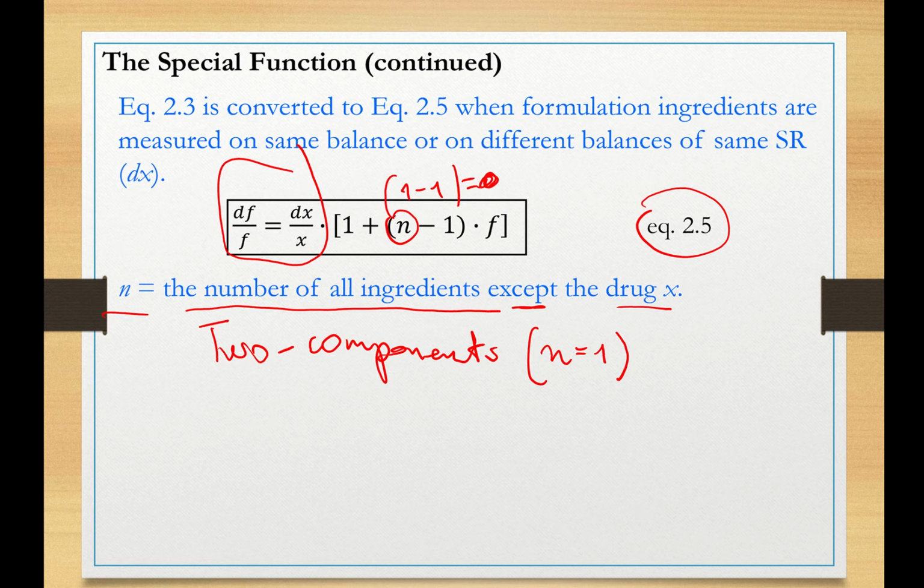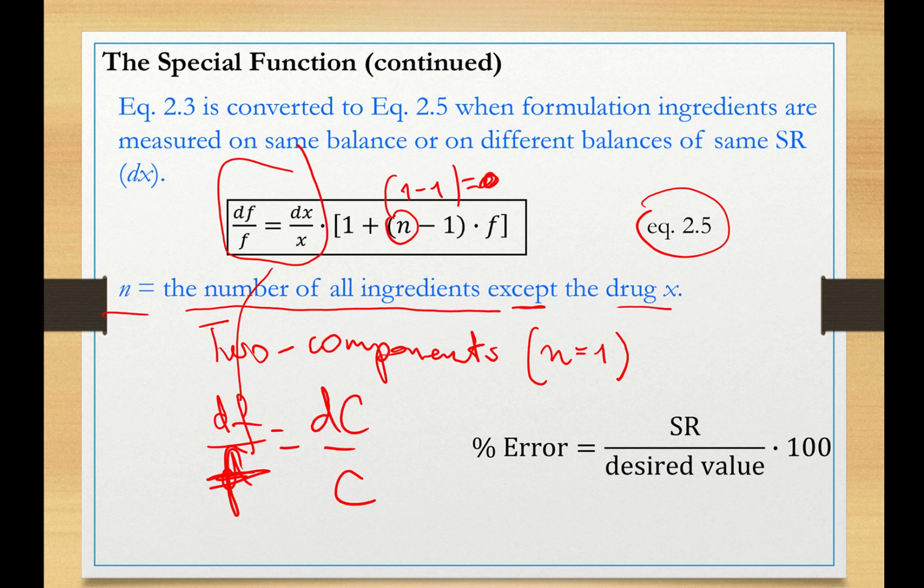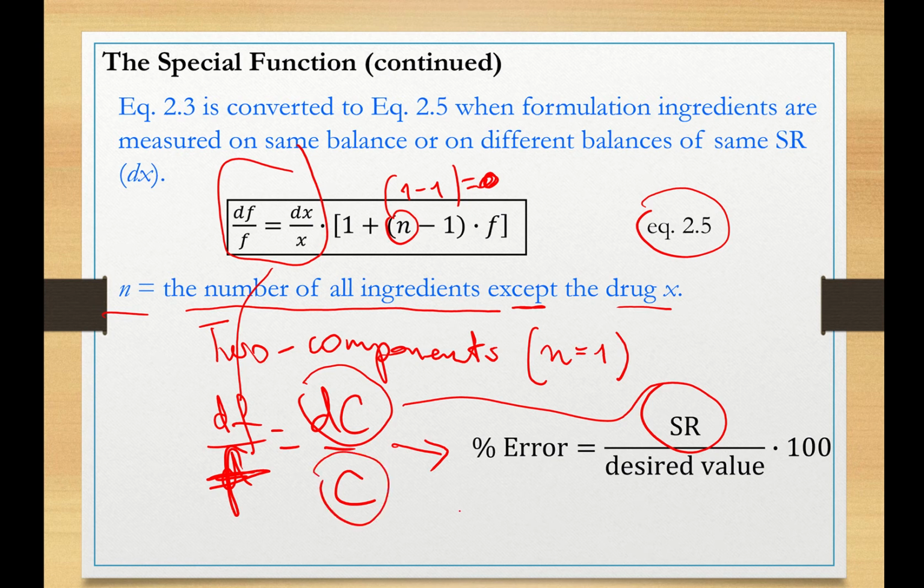Therefore equation 2.5 for a two-component mixture becomes dF over F equal to dC over C with respect to drug, and that's equal to equation 1.5. So basically, dC is equal to the SR of the balance, and C is equal to the desired value of the drug.